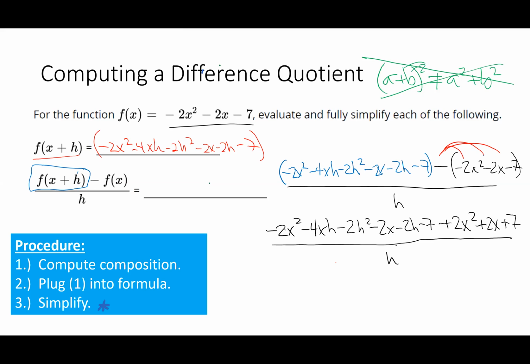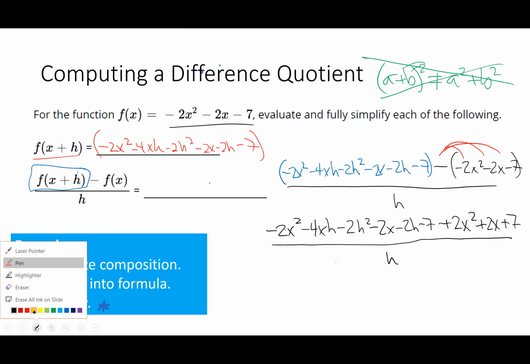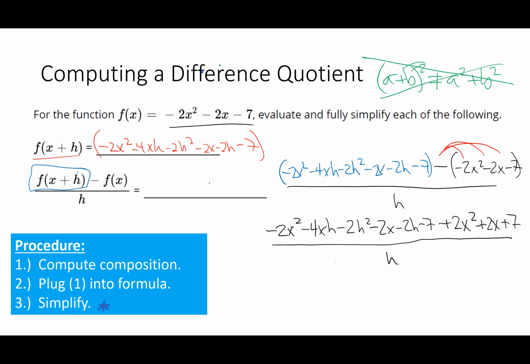All right, now we look for the stuff that we can knock out. Simplify is really important here. All right, so these right here, these are going to knock out. That's great. Let's see. Oh, these right here are also going to knock out. That's great. Let's see. Oh, and these are going to knock out.